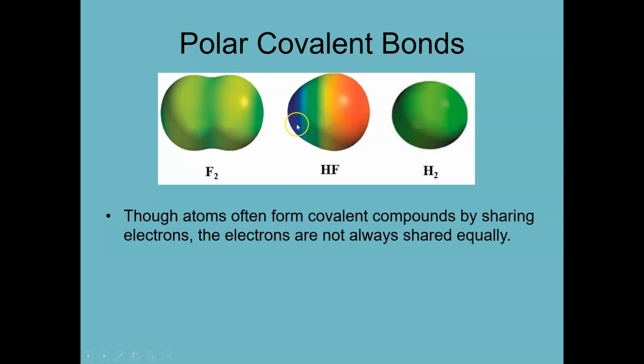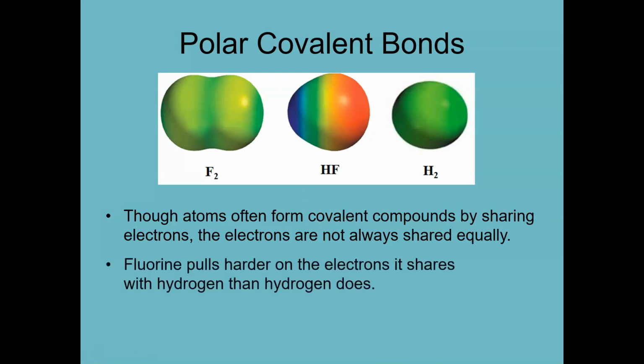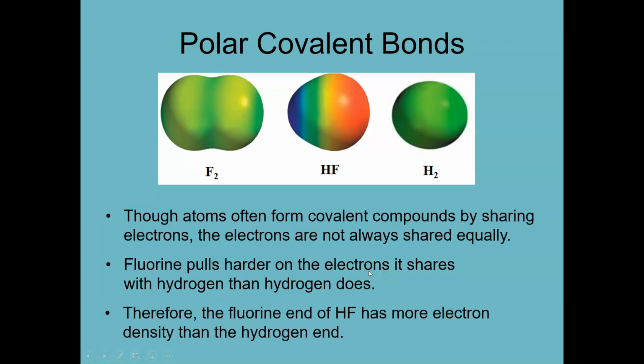And that's because although atoms will form covalent bonds by sharing electrons, they don't share those electrons equally. And you can see clearly when it comes to these two elements, hydrogen and fluorine, that fluorine is pulling a lot harder on the electrons that it is sharing with hydrogen than hydrogen is. And so therefore the fluorine end of an HF molecule has a lot more electron density than the hydrogen end.